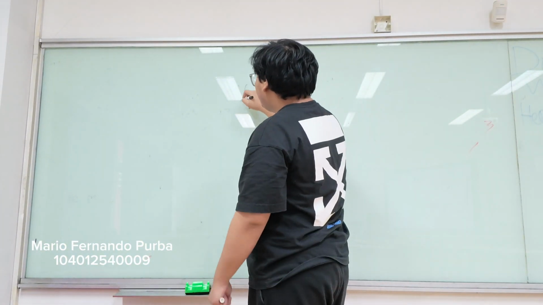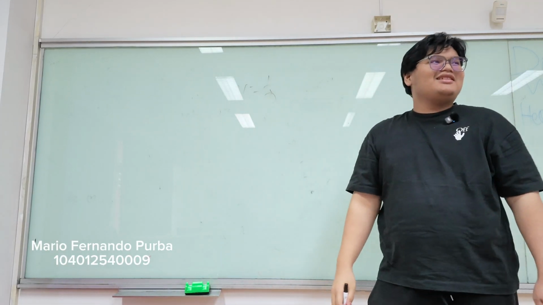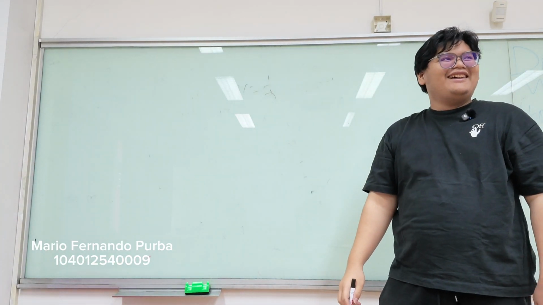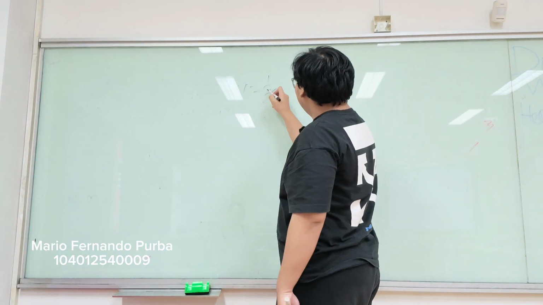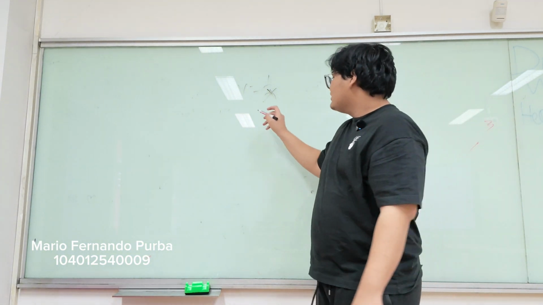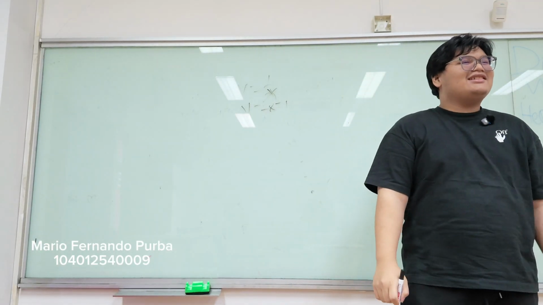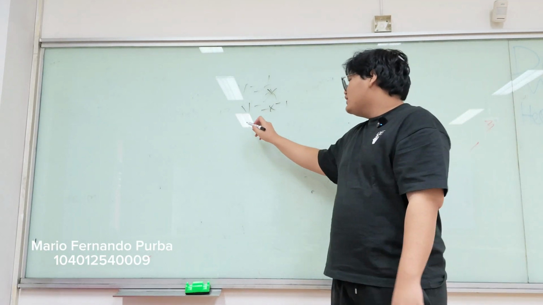For example, if we have this question, what do we do with it? y equals 1 per x. So we're going to differentiate it again.